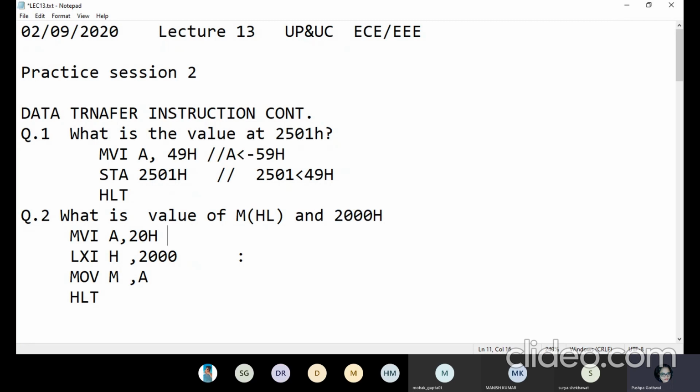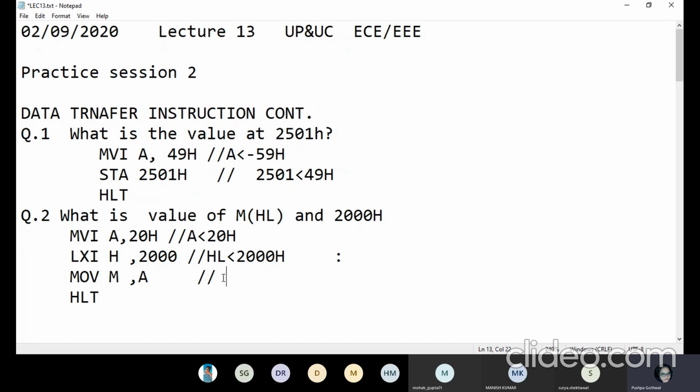According to this program, in the first line A will contain 20H, then LXI H. So the HL value will be 2000H. Then what is the value of MOV A comma M? The accumulator content is 20H and M is 2000H.